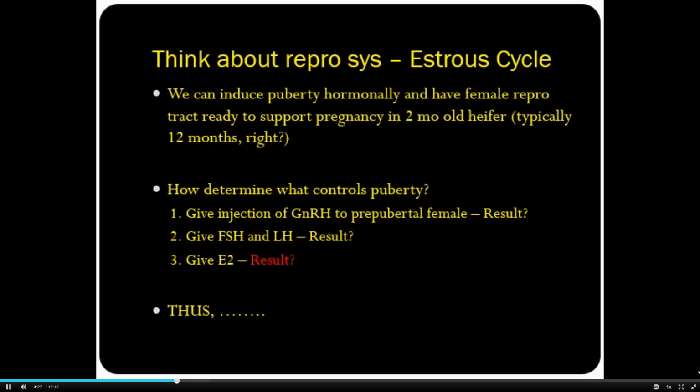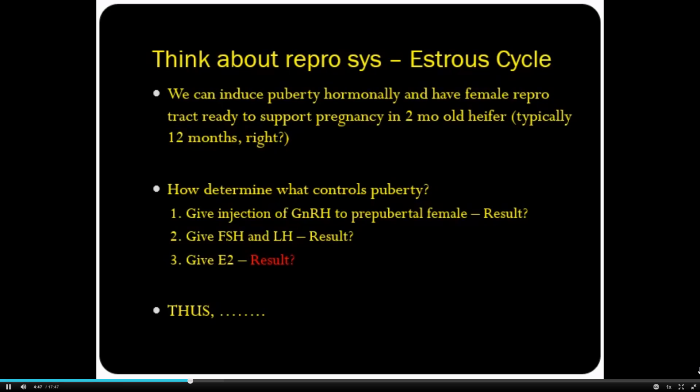Although in reality, really think about in a heifer, she should reach puberty around 10 to 12 months. So she won't be a mature size to actually carry a pregnancy to term. But we use this as a model to determine what factors influence puberty.